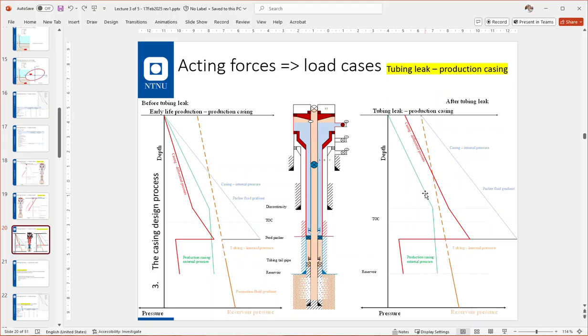The support on the outside of the production casing will remain the same. We see that the differential pressure has shifted. It is now higher on the positive side, meaning that this will be an increased internal pressure of the production casing. It's a burst load. So tubing leak is a collapse load for the tubing, and it is a burst load for the production casing.